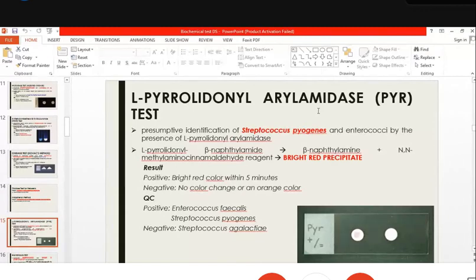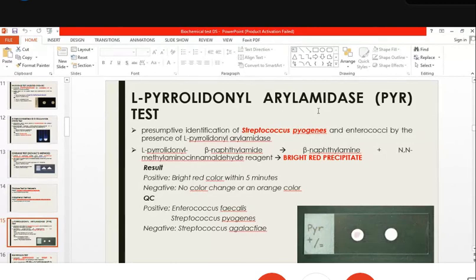Okay? So, again, ano ang action ni enzyme doon sa substrate. Kaya yung nakikita nyo dyan na L-pyrrolidonyl beta-naphthylamide, ano mangyayari sa kanya at magiging beta-naphthylamine siya, magre-react siya with the reagent methyl aminocinnamaldehyde, which will now give us the bright red precipitate o pwedeng bright pink to cherry red color.